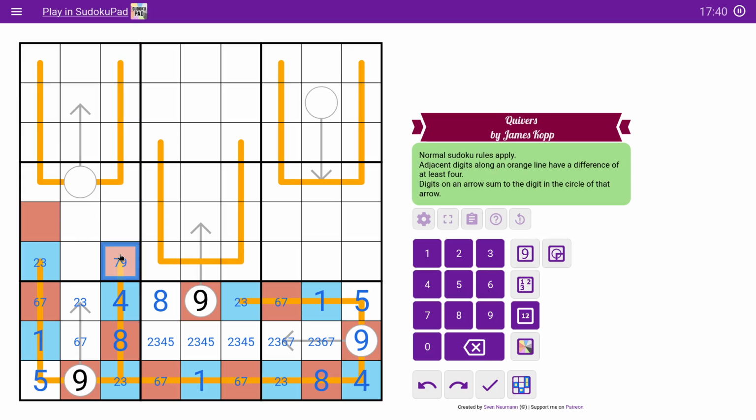Now if this were a 9, things get trickier. 5, 1, 6, 2. 3, 7. It's valid.